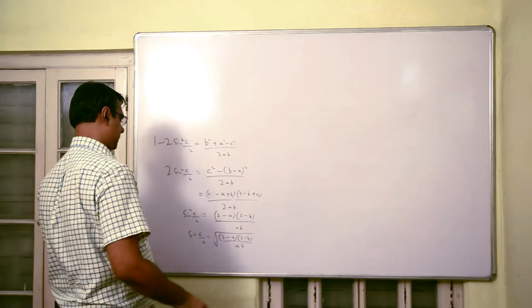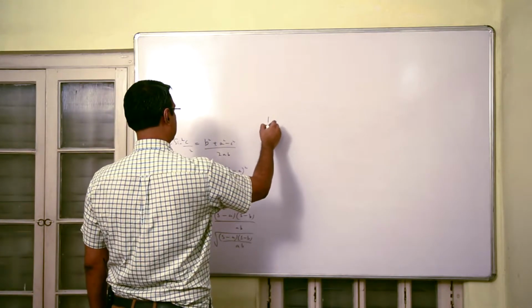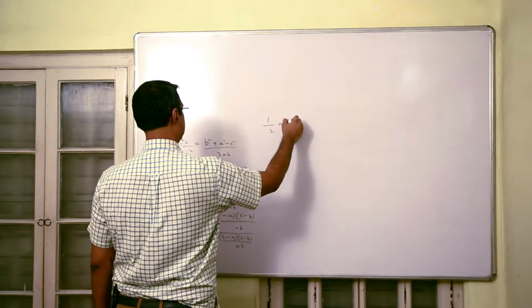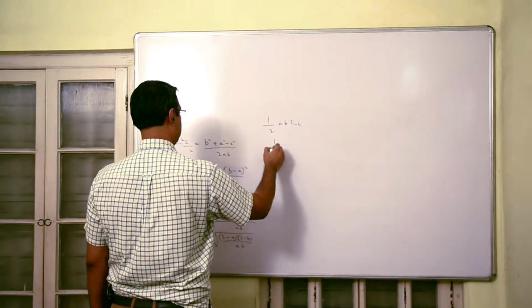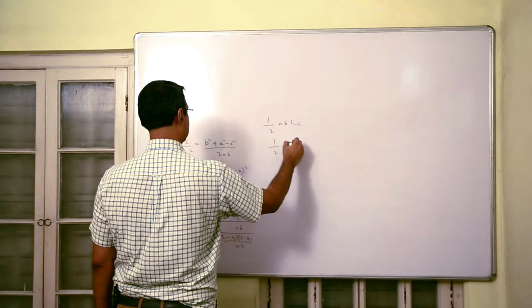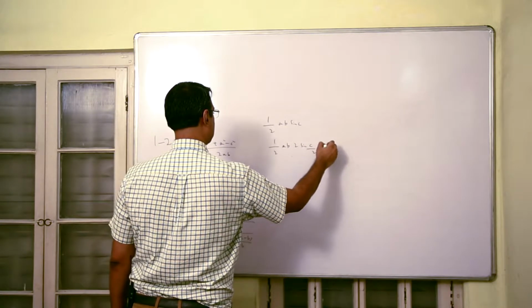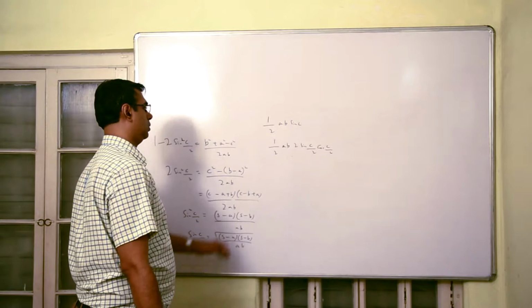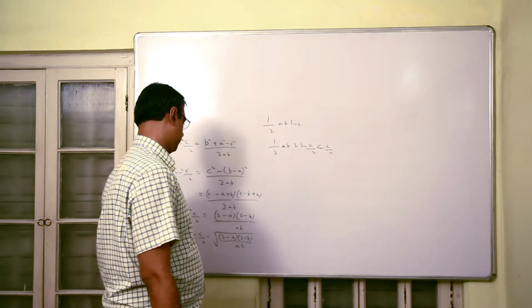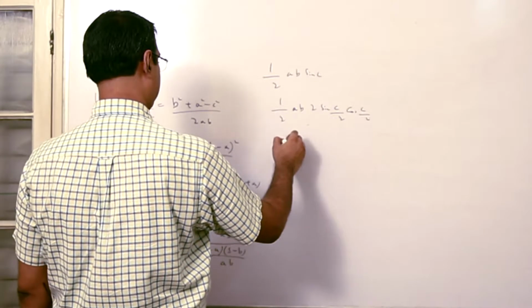Once you know sine C by 2 and cos C by 2, you can say that the area of the triangle is equal to half AB into 2 sine C by 2 cos C by 2.